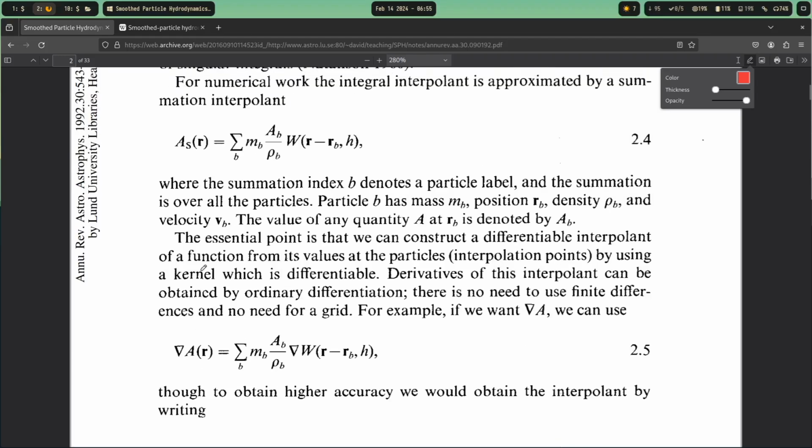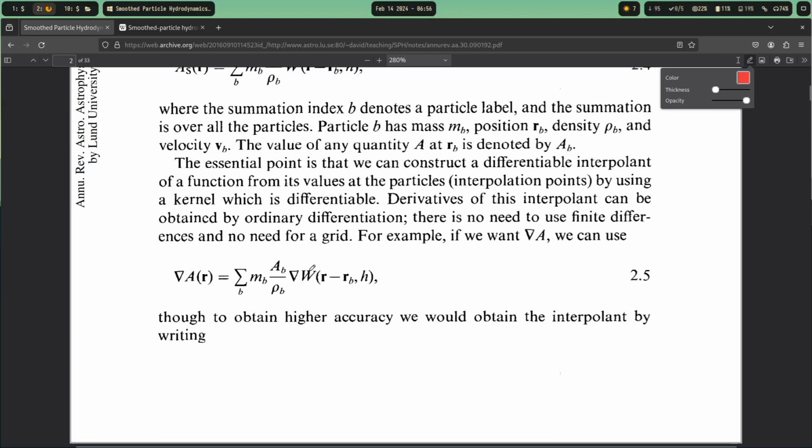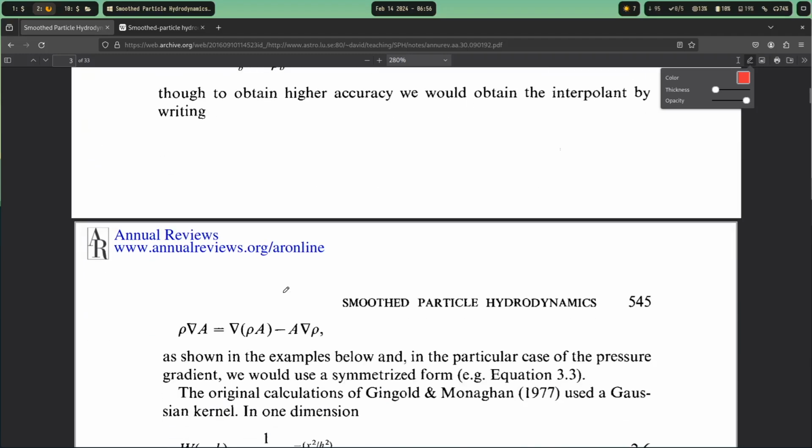Then here it says that if you want to get the derivative, or more like the gradient, you have to derive both this and this. So yeah, that's something we might need to keep in mind, but not that important.